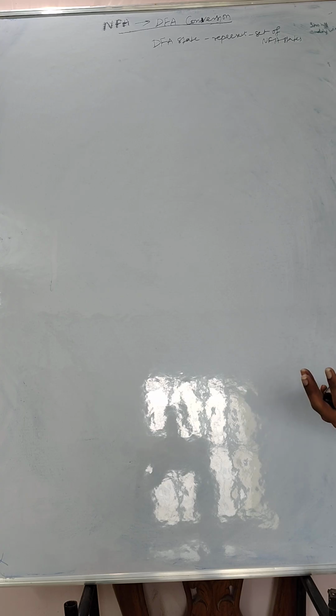Step 3, take the lambda closure again. Step 4, create a new DFA state if needed. Step 5, repeat until no new state is formed. Step 6, any DFA state containing an NFA final state becomes final. Right. So let me show you one example.